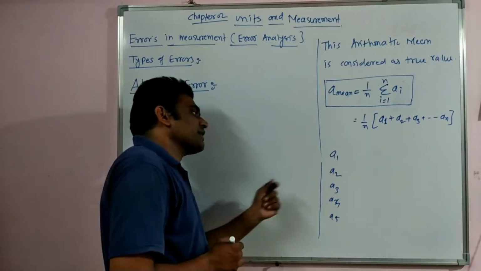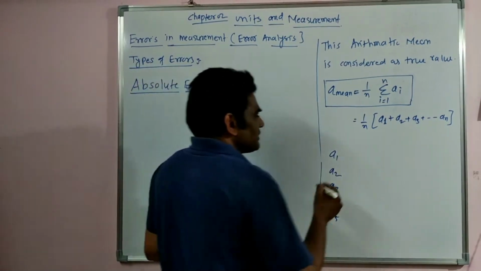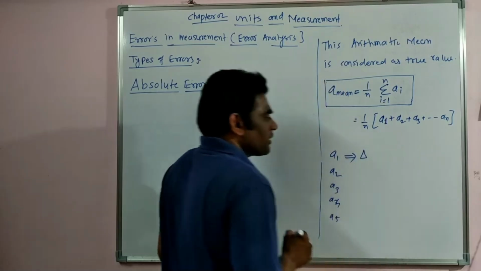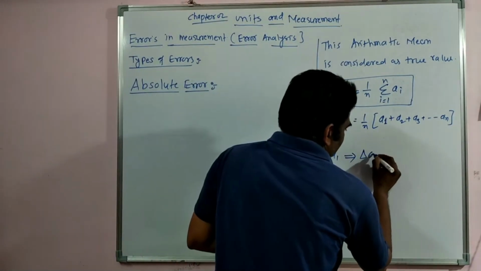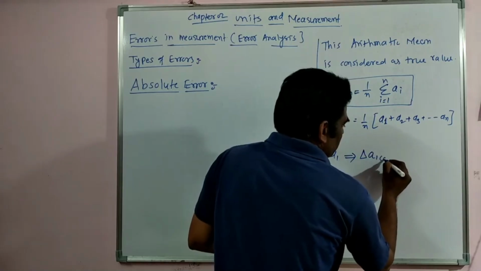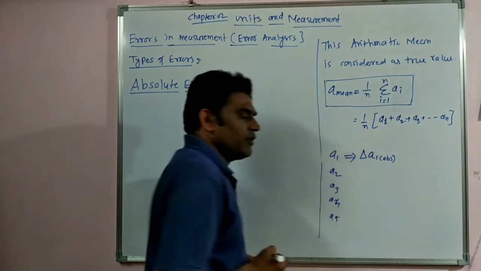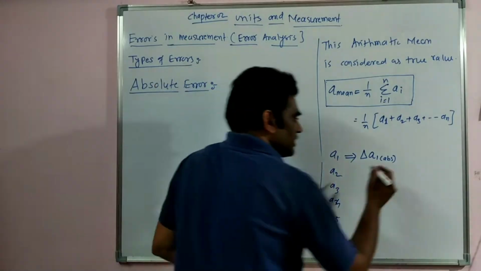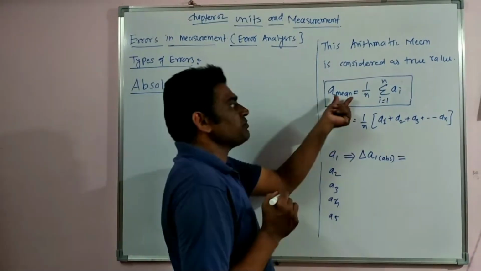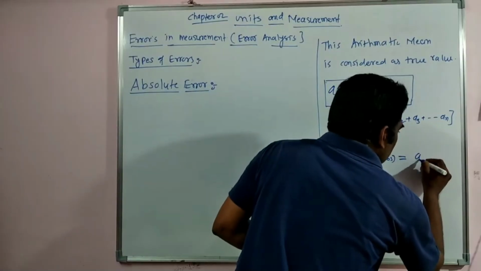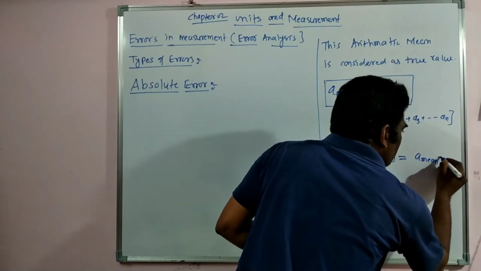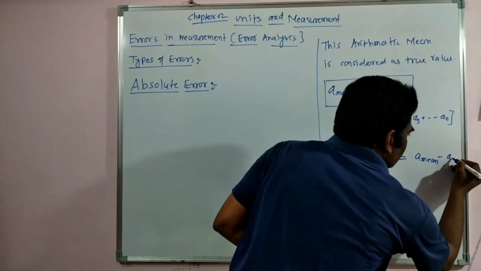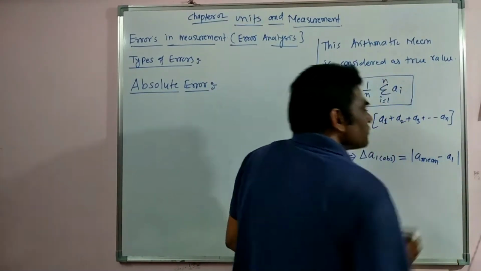Let us say the absolute error in A1, we can note it like this, delta A1. Absolute error in the first measurement is given as the mean value, which means true value, minus that reading A1, and its magnitude, the positive value.